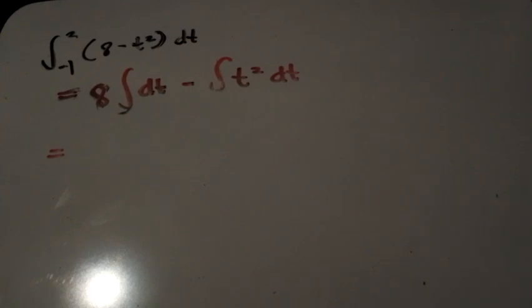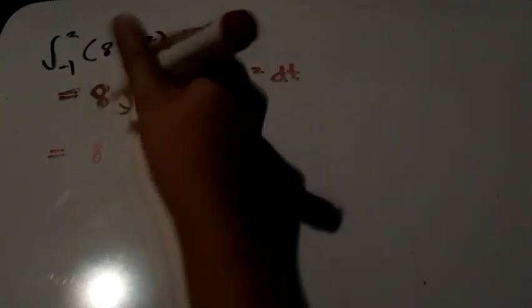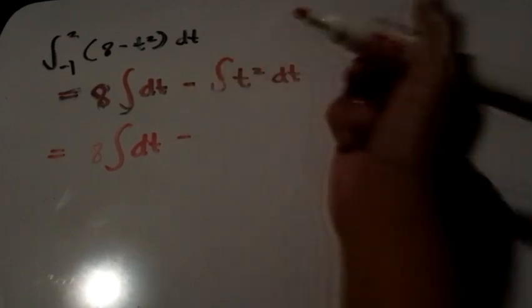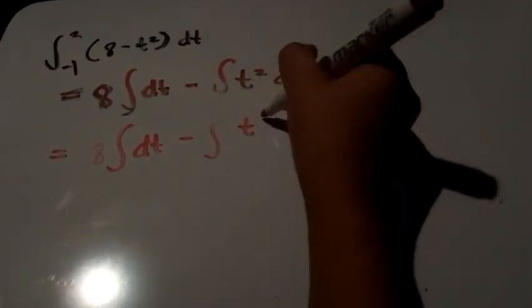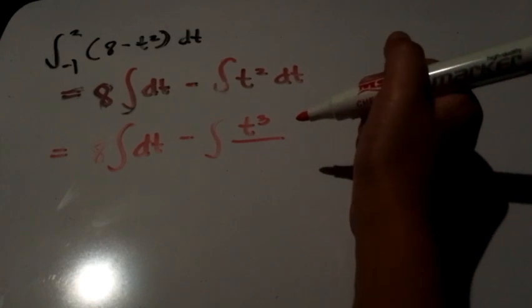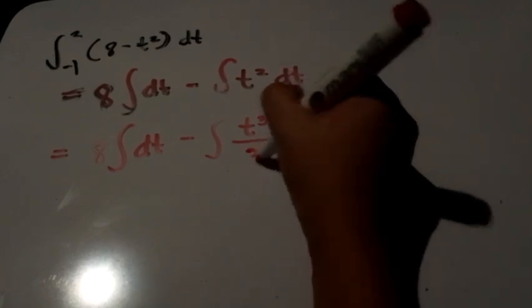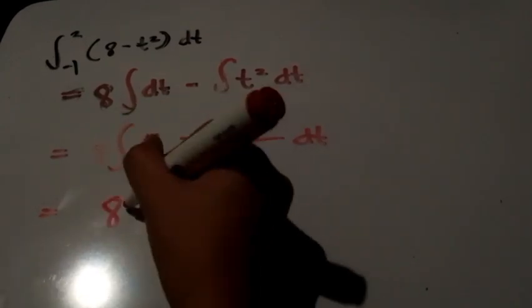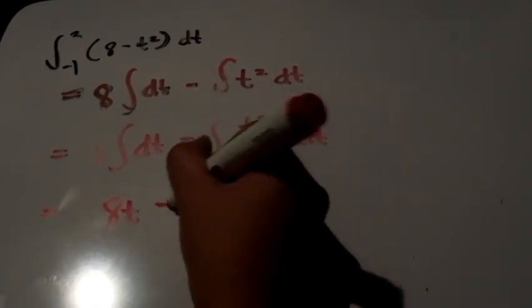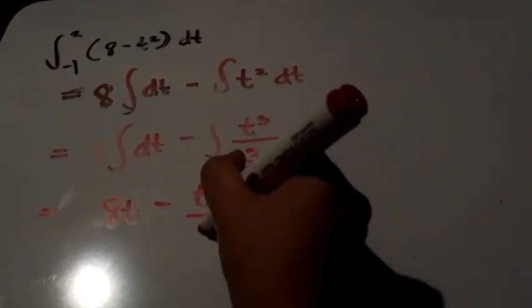Since we have t squared, the exponent is 2, so 2 plus 1 is 3. So t squared becomes t cubed over n plus 1, where n is 2, so 2 plus 1 is 3. Now 8 dt becomes 8t minus t cubed over 3.